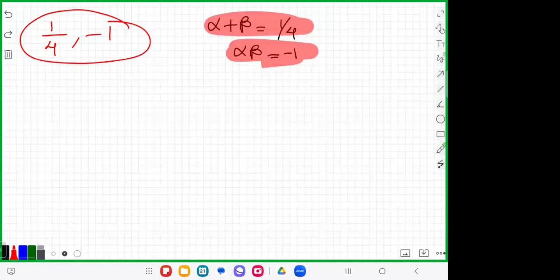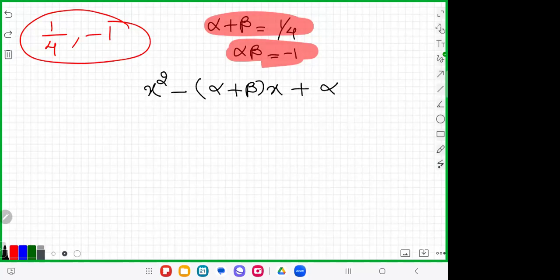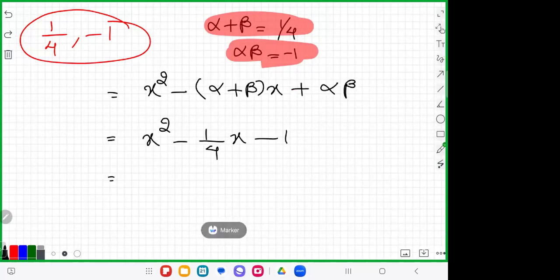So this is the method how we want to find the quadratic polynomial. The method is x square minus sum, sum is alpha plus beta, into x plus product. Product is alpha into beta. That is x square minus 1 by 4 into x plus alpha beta, that is minus 1. So what we want to do is multiply throughout with this denominator. There's one fraction.